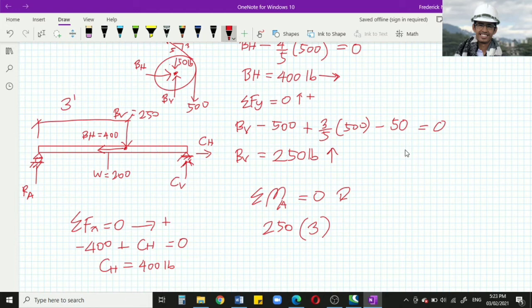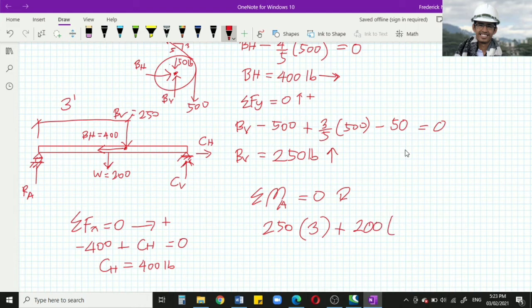And ano pa yung i-moment natin? Yung weight ng ating beam. Okay? So ano yung weight ng ating beam? That is 200. So plus 200 times ano yung distance niya.